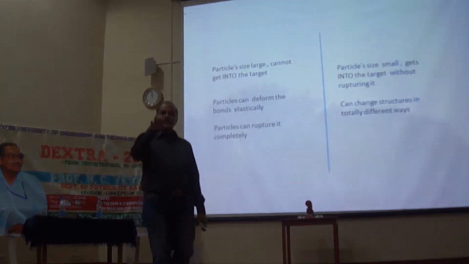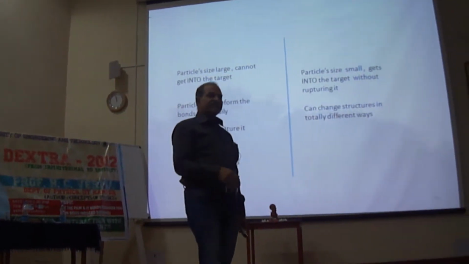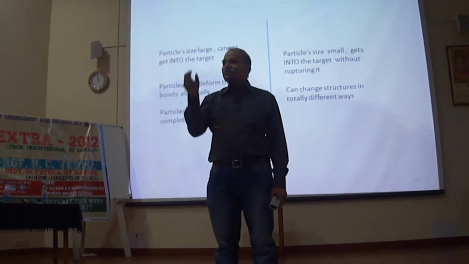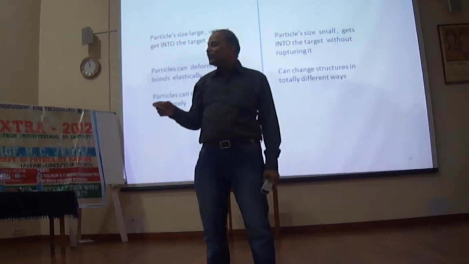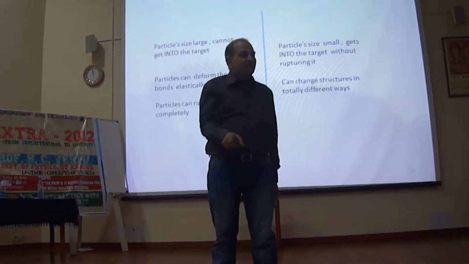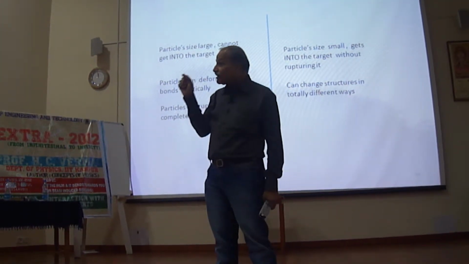When in a normal type of cantilever or film I hit from one side using steel balls or so, the size of that ball which is falling is quite large.